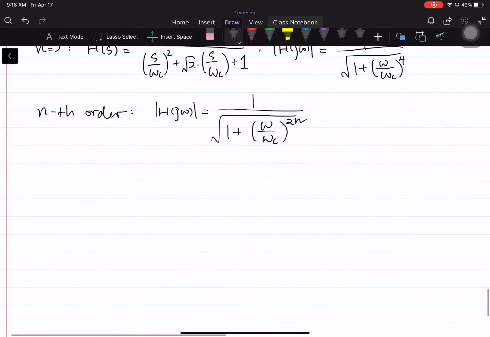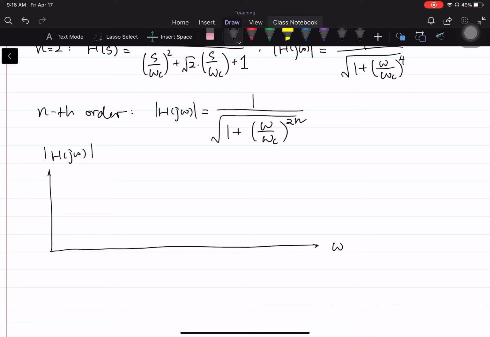And in this case, when you draw this frequency response function again, start with 1, square root of 2 over 2 is here, half power frequency is omega c. And the curve will look like this.